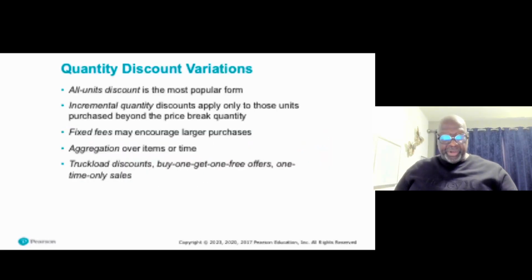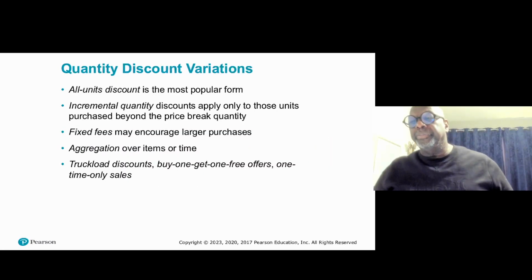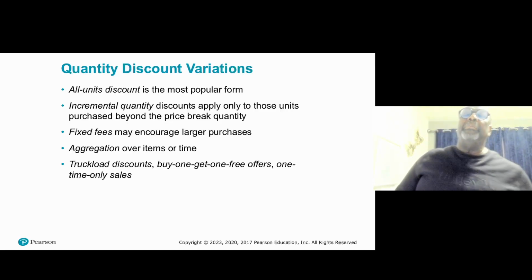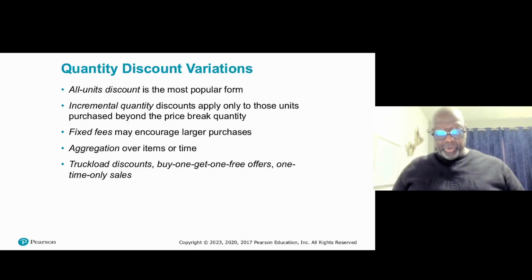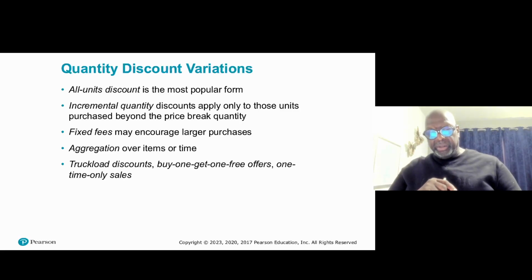So that is the quantity discount model. All right. There are other ways in which you could vary that, where sometimes you get a discount on all the units. That's one approach. But there's incremental discounts.